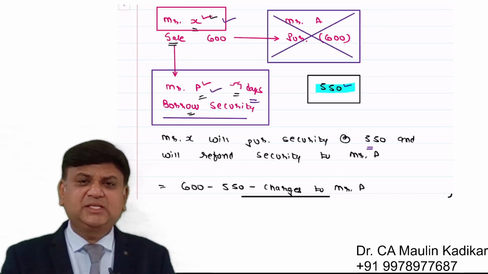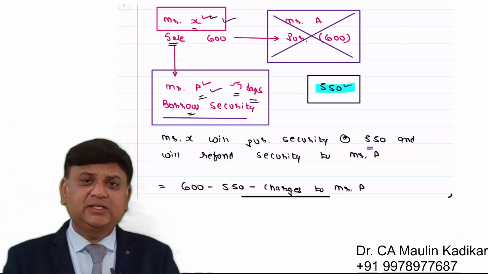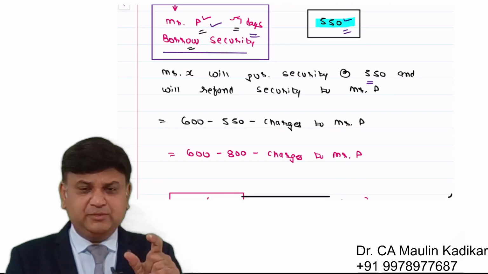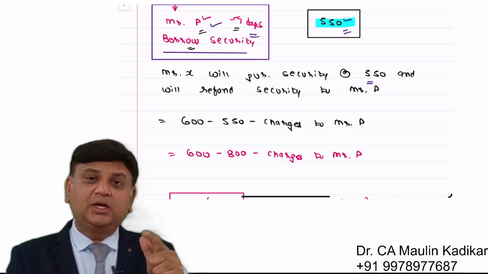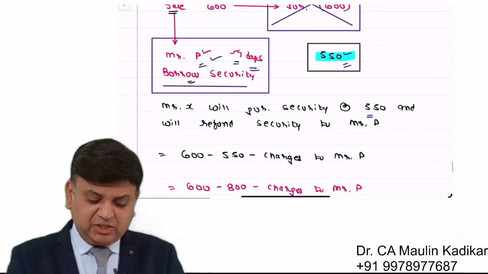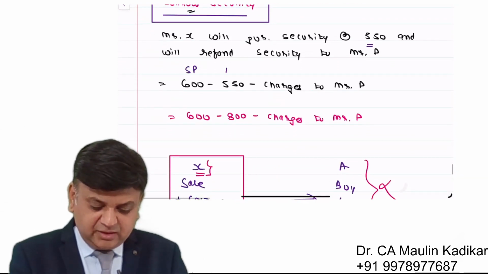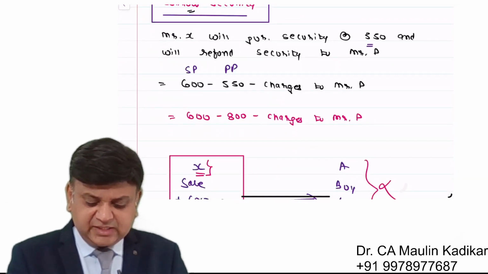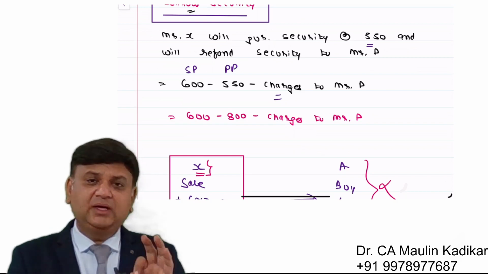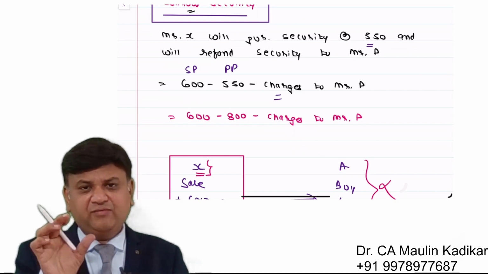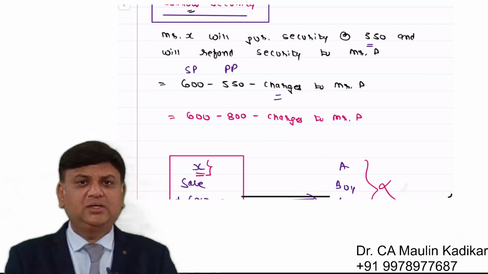If the prices are falling down, then in that case you will purchase the security at the spot price to refund the security because you had initially borrowed. So what will happen? Sale price, purchase price, and these are the charges which are required to be paid, that is the amount to the lender of the security. That is the way it will result into the net profit or loss.